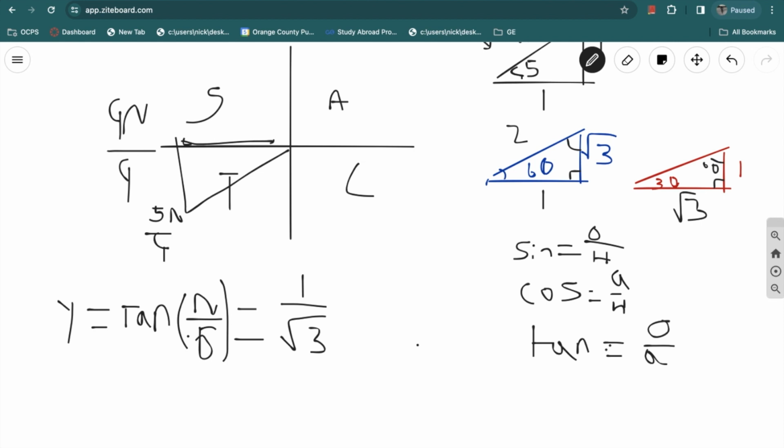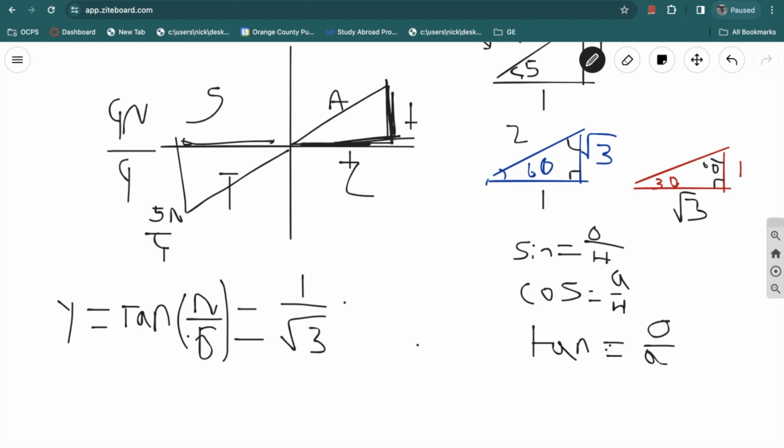Now we have to look at the sign. So we know tangent is opposite over adjacent. Opposite, in this case, is here, so we know this is positive. Adjacent is here, so we know it's positive. So it's positive. And now we rationalize, so we take the square root out of the denominator.